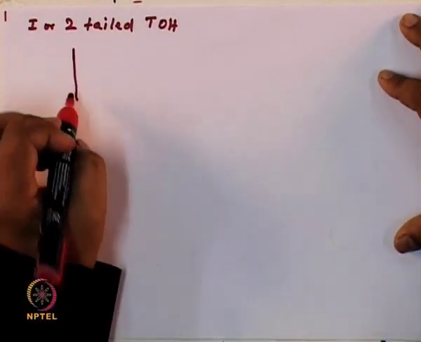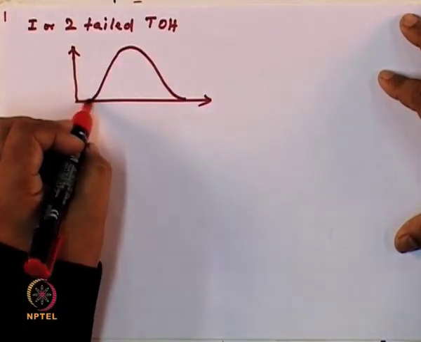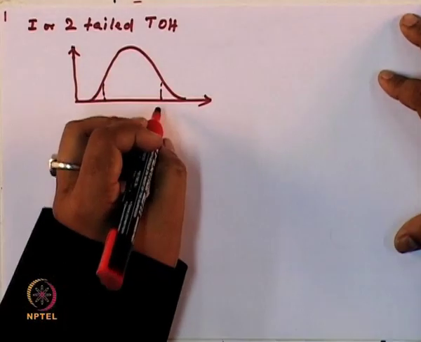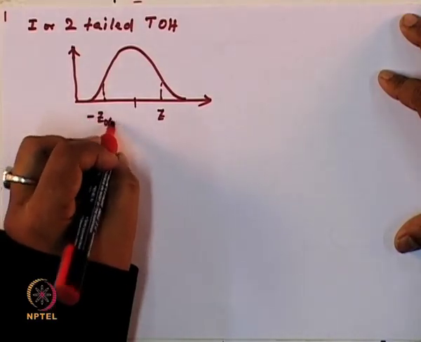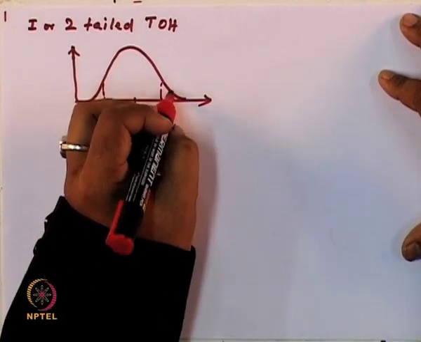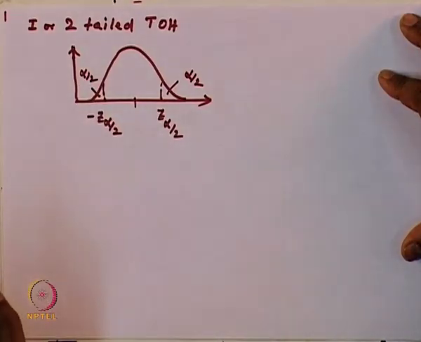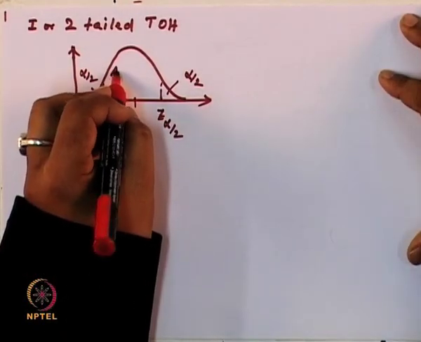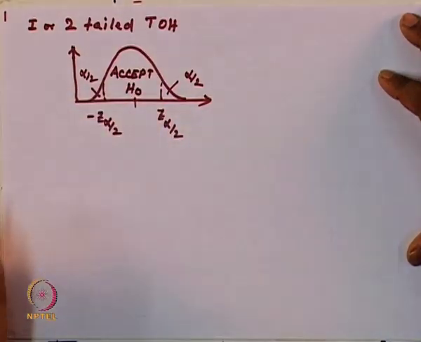In a two-tailed test of hypothesis, depending on your confidence level alpha, you determine this value of z, z alpha by 2. This area under the curve is alpha by 2, this is alpha by 2, and accordingly you accept. So, this is the acceptance region for H naught, whatever your null hypothesis is.